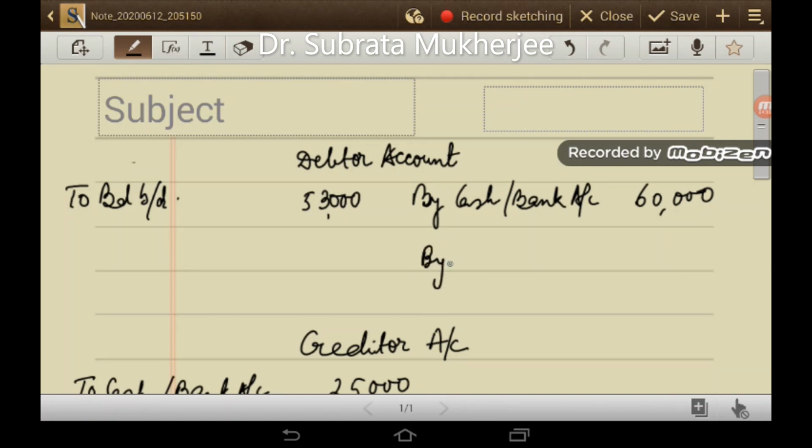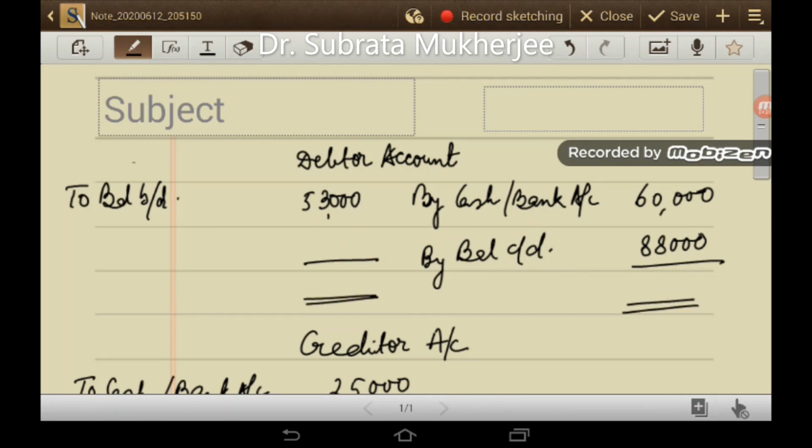On the debit side I have written the opening balance of 53,000 and on the credit side 88,000, the closing balance. The 53,000 will appear in the opening balance sheet and the 88,000 will appear in the closing balance sheet.